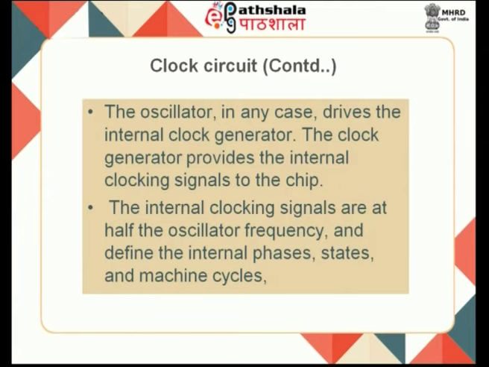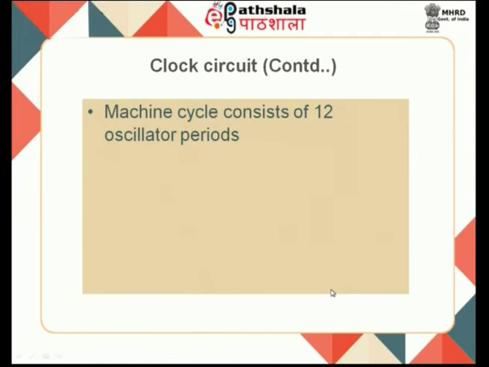The oscillator in any case drives the internal clock generator. The clock generator provides the internal clocking signals to the chip. The internal clocking signals are at half of the oscillator frequency and they define the internal phases, states and machine cycles. Remember that when I am looking at a processor, I need to have 12 oscillator periods to have one machine cycle.